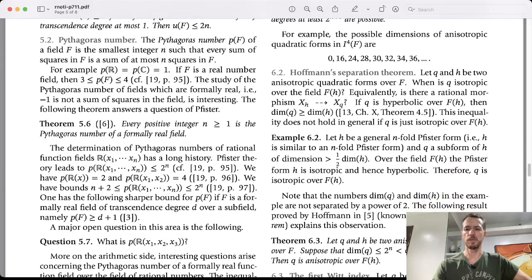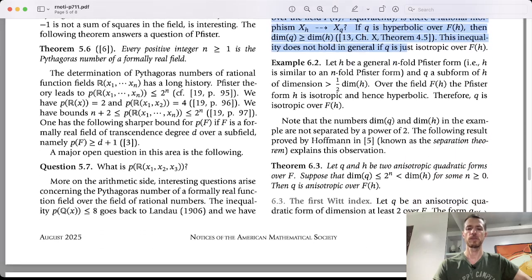Hoffmann's separation theorem. Let Q and H be two anisotropic quadratic forms over F. When is Q isotropic over the field F(H)? Equivalently, is there a rational morphism X_H to X_Q? If Q is hyperbolic over F(H), then the dimension of Q is bigger than or equal to the dimension of H. This inequality does not hold in general if Q is just isotropic over F(H).